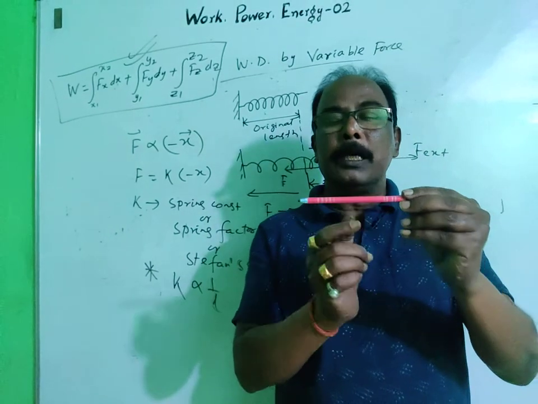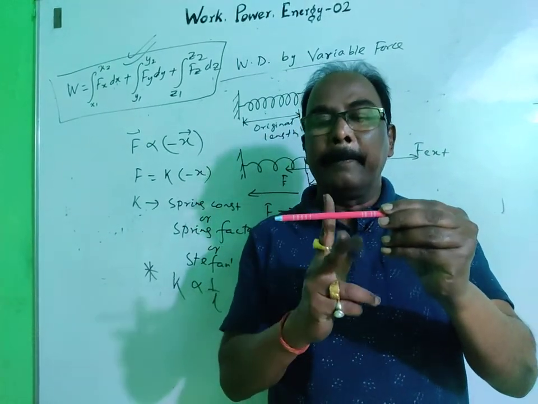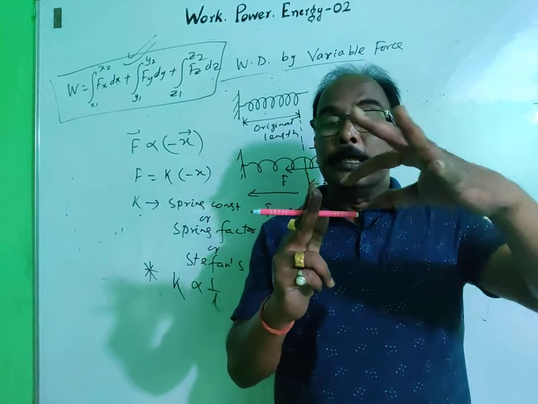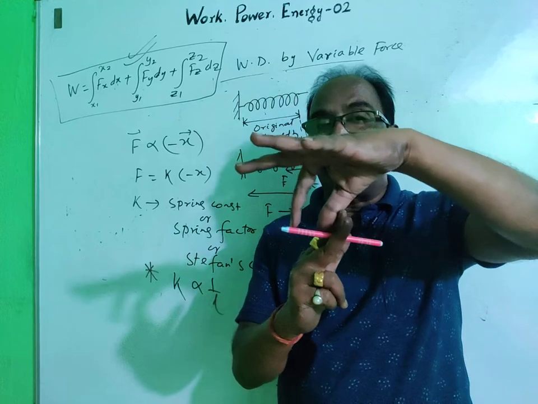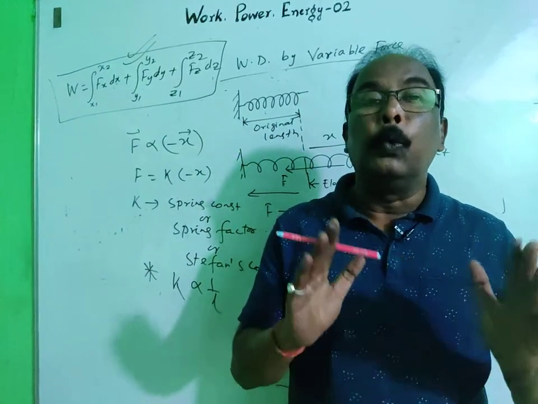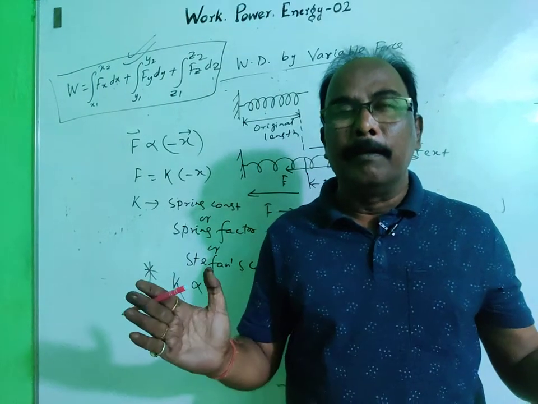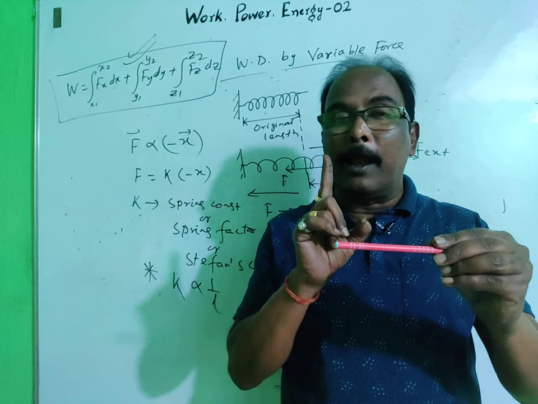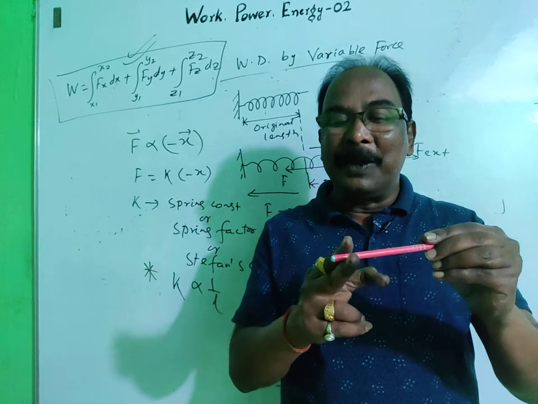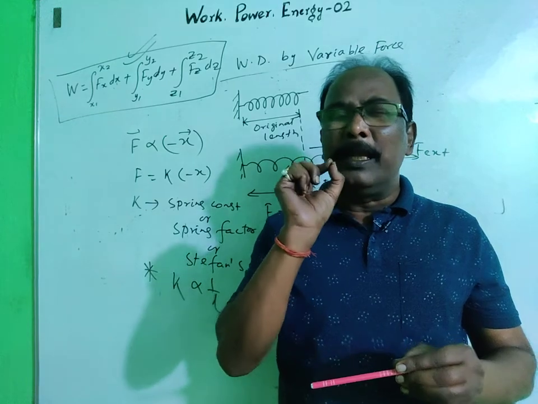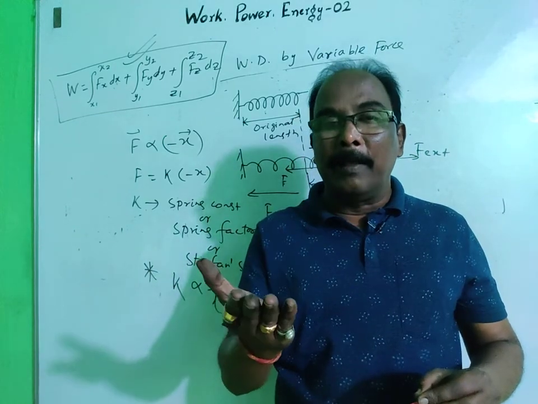If the spring constant of the total spring is K, and if it is cut into two equal parts, then the spring constant of each half of the spring will be 2K. Similarly, if a spring is cut into n equal parts, then the spring constant of each part is nK.